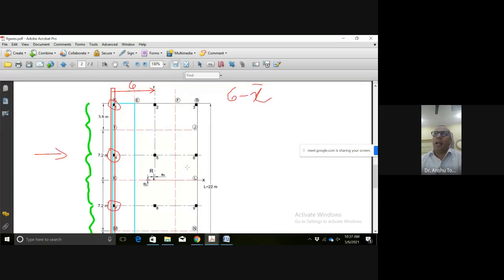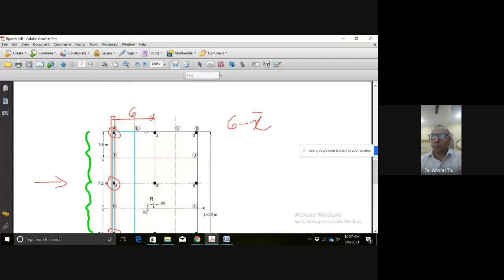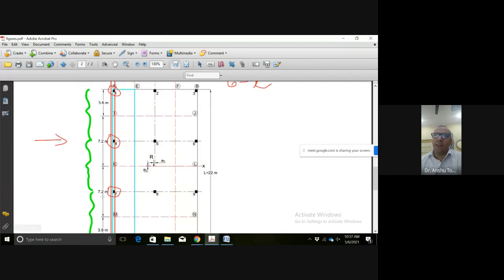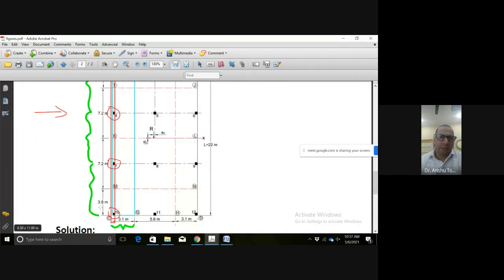In the x direction we are having 3.8, 7.2, 7.2 and 3.8. So these are the strip widths which we are going to use for multiplication with the Q ultimate pressure to find out the loading diagram.